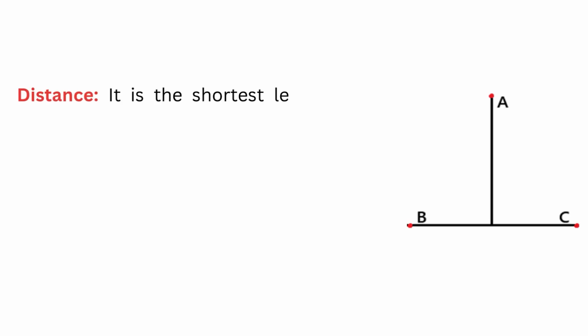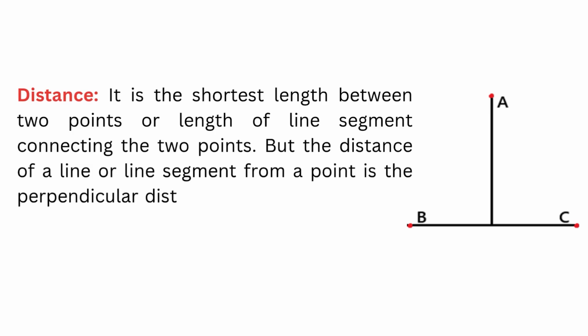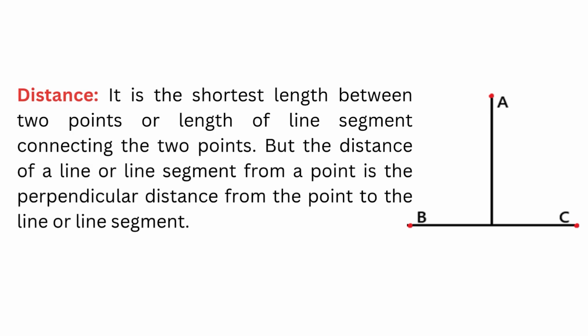Students, you must know what the distance is. It is the shortest length between 2 points. If you are taking 2 points on a plane, the shortest length is the distance between the 2 points, or the length of the line segment connecting the 2 points.